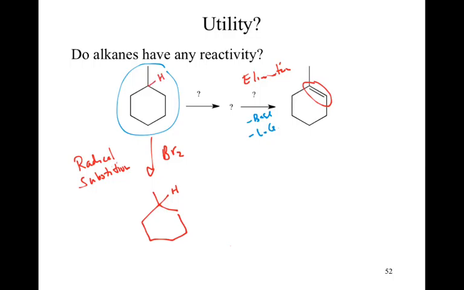Do I have a hydrogen at the tertiary position? Absolutely. That means I can go through and form the radical at that position, and I can then do my bromine substitution. Now that I have a leaving group, I could initiate this with a good strong base. That base could come in, remove electrons from a hydrogen, and we end up doing our elimination to get us our final product. So our big utility of our radical reactions is to get our alkanes in a position where they can react.